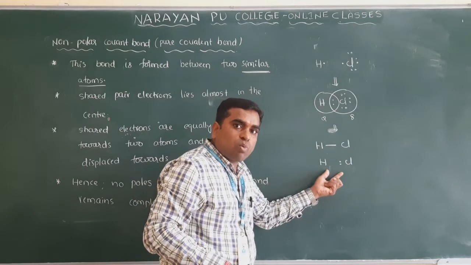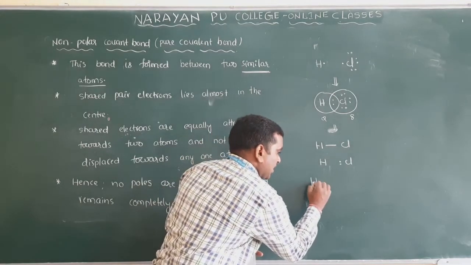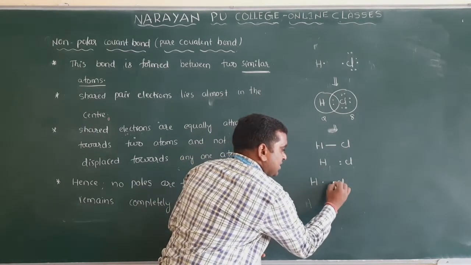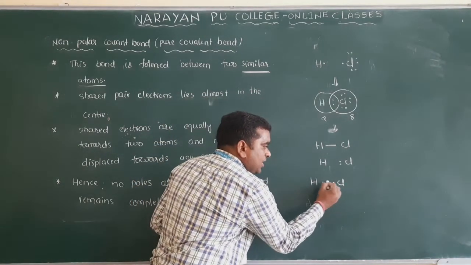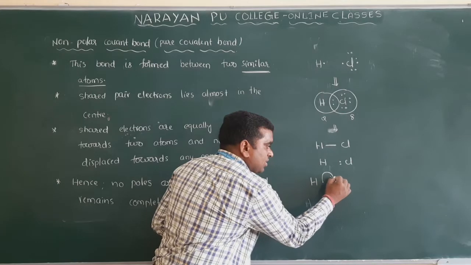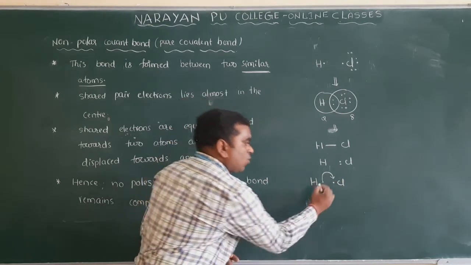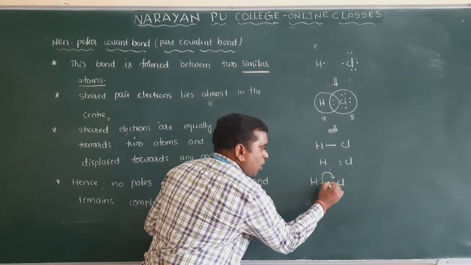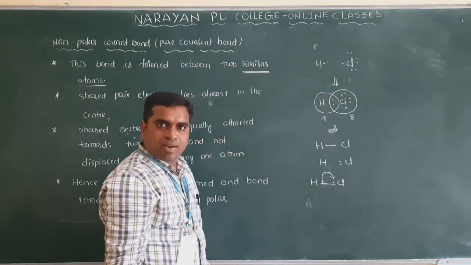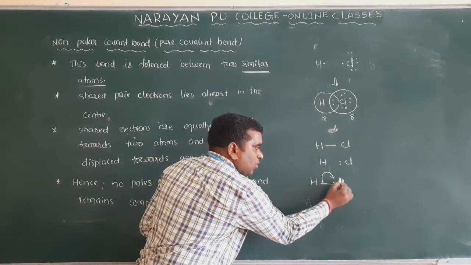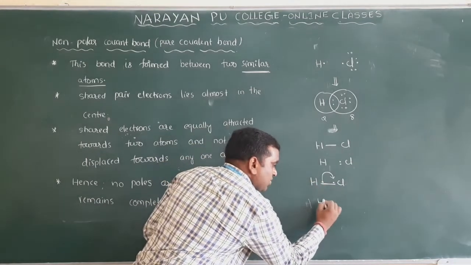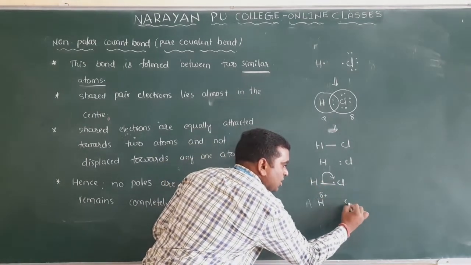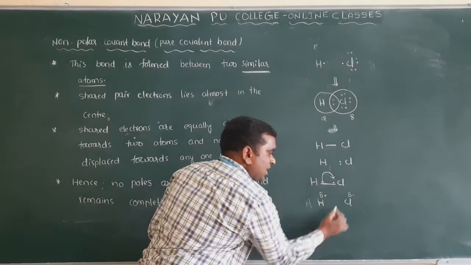And due to this, what will happen? This is hydrogen and this is chlorine. You know chlorine is more electronegative, so these electrons are taken by chlorine. Just assume one bond; one bond means 2 electrons here. So these electrons are taken by the more electronegative chlorine. Hydrogen is losing the electron, so it acquires a partial positive charge. Chlorine is gaining the electron, so it gets a partial negative charge.